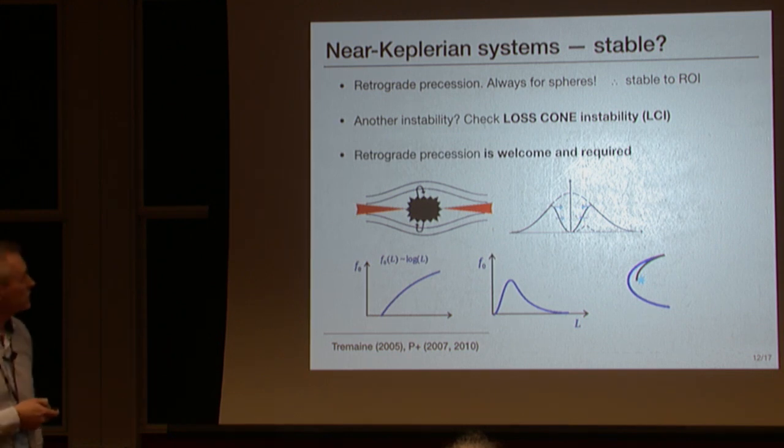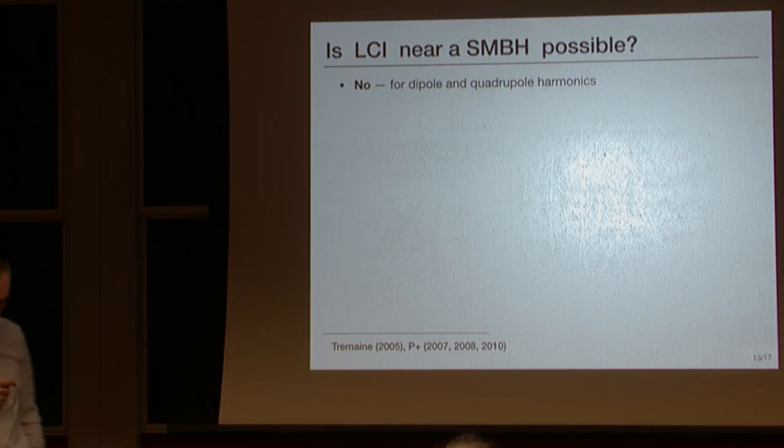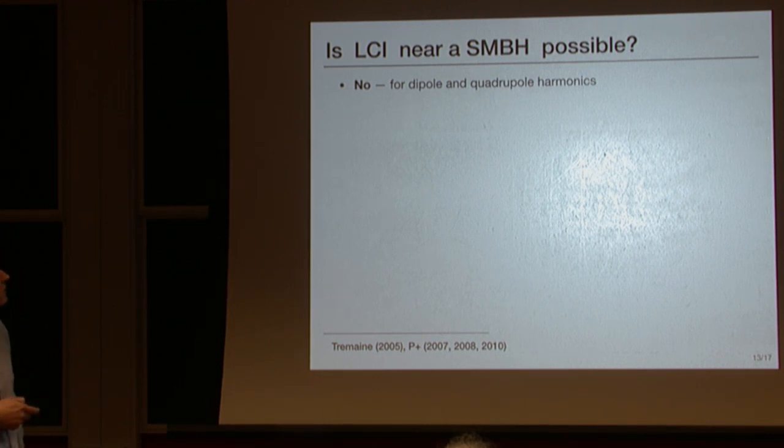Retrograde precession is welcome for the loss cone instability, and it seems that it is a requirement for this instability. Now, what is really possible? Loss cone instability: Scott Tremaine in 2005 proved that dipole harmonics are stable, and it seems that quadrupole harmonics are also stable.